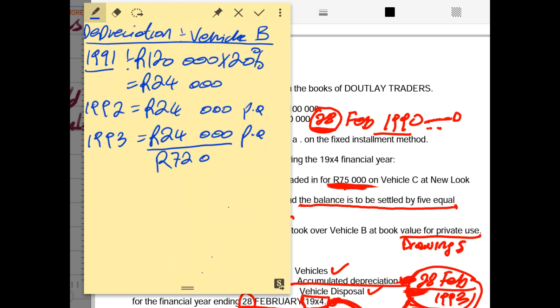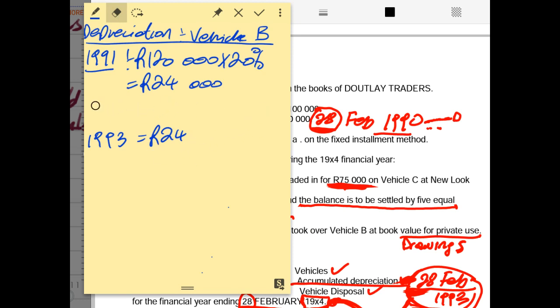Therefore, for the depreciation of the first year, we have to multiply that by 8 divided by 12 to get the depreciation for only 8 months. If you say 24,000 times 8 and you divide that by 12, you get 16,000 rands.